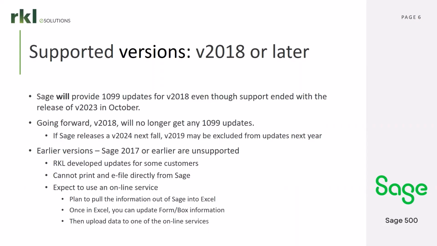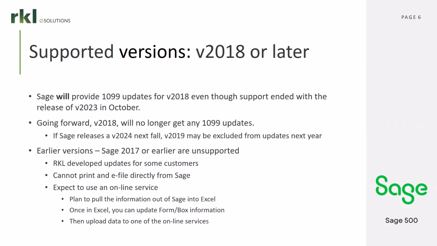If you have version 2017 or earlier, it's not supported by Sage. You'll recall you're not really printing 1099s from Sage no matter what version you're on. Right now, it's an interface to Atrix software where you can have them print the forms and file them for you, or, well, there's various options in how much you can have them do for you.